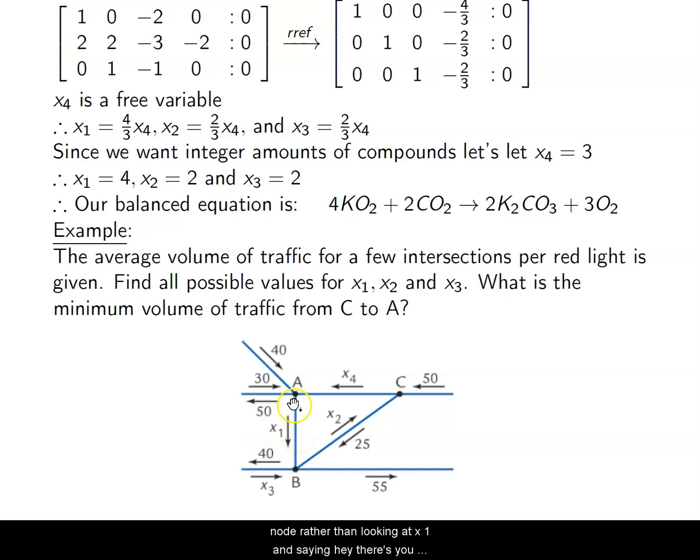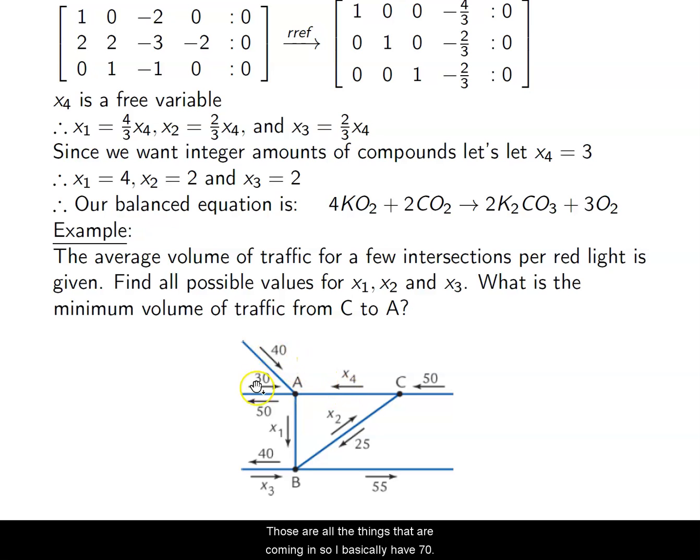It might be easier to do this by node rather than looking at x1 and saying, hey, there are things coming in and things going out. So by node, we can talk about this. For A, I have 40 in, 30 in, x4 in. Those are all the things that are coming in.